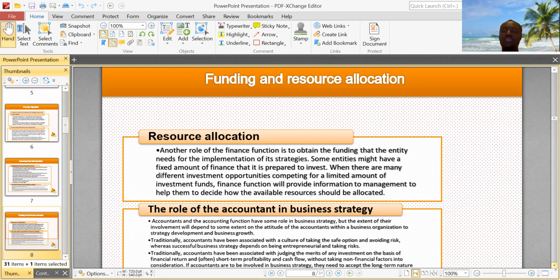There are lots of things you can invest in, but the funds you have are small. So the finance function comes in to efficiently allocate resources. Efficient resource allocation is the role of the finance function.